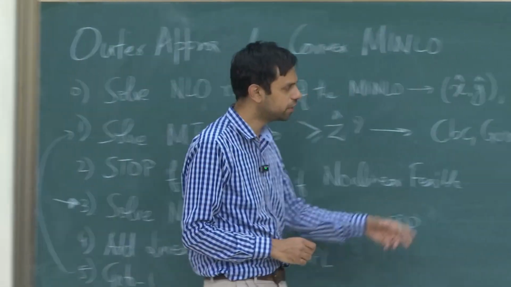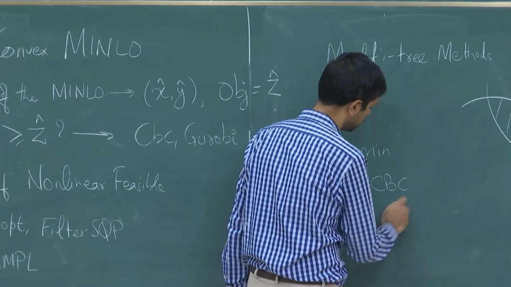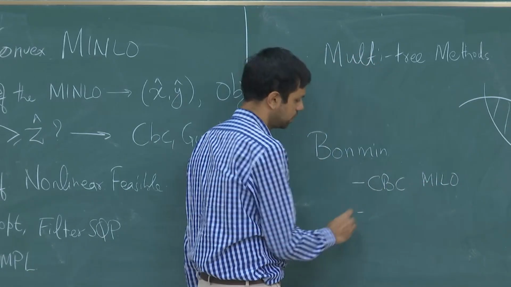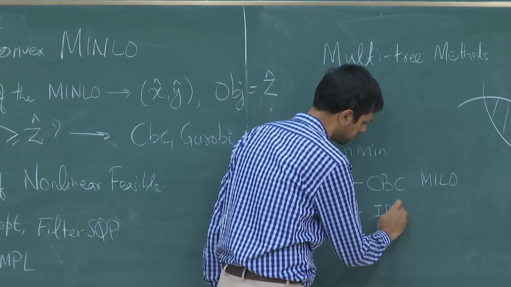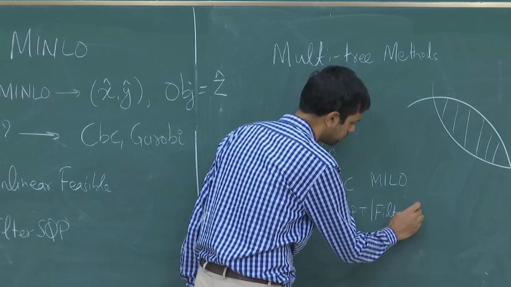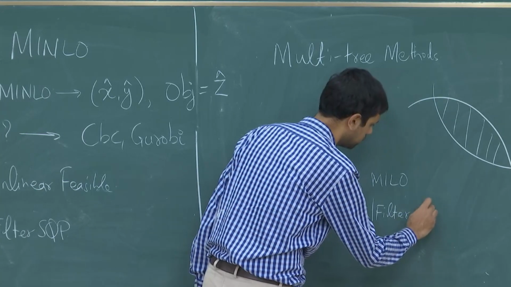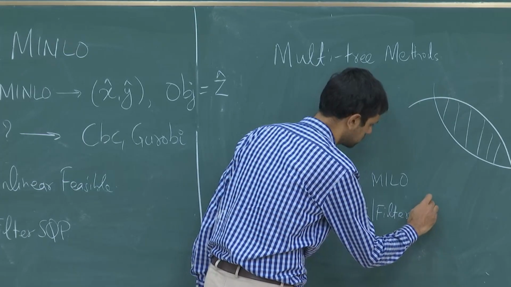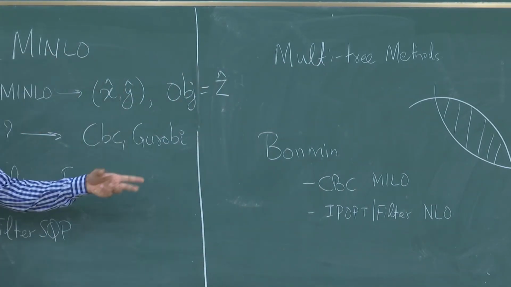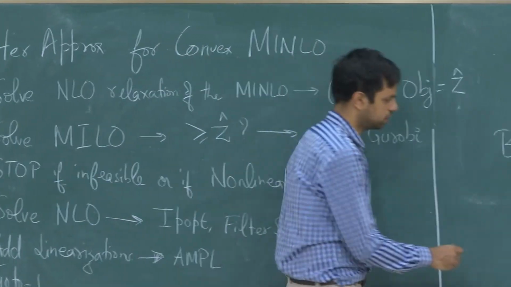Okay, so internally it calls CBC for MILO, and IPOPT or filter for NLO. You can give various options and do it. And it gets its derivatives from AMPL. Okay.